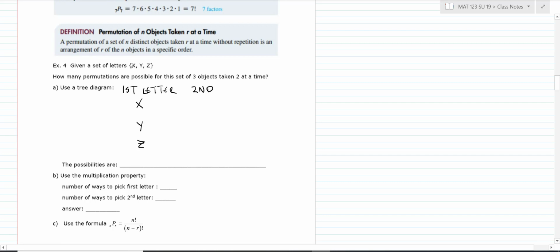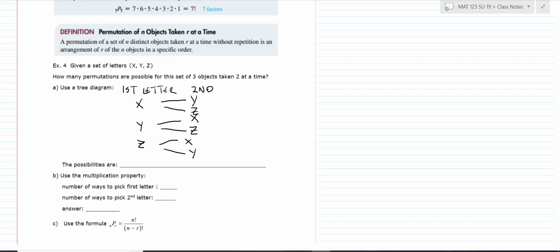So once we have chosen the X, the only thing left over is either a Y or a Z. Same thing here: if you've chosen a Y, the only thing left to choose from is an X or a Z. And if you chose the Z, what's left? X and Y. Good. So that would be how the tree diagram goes for 3 objects taken 2 at a time, and there's no repetition.